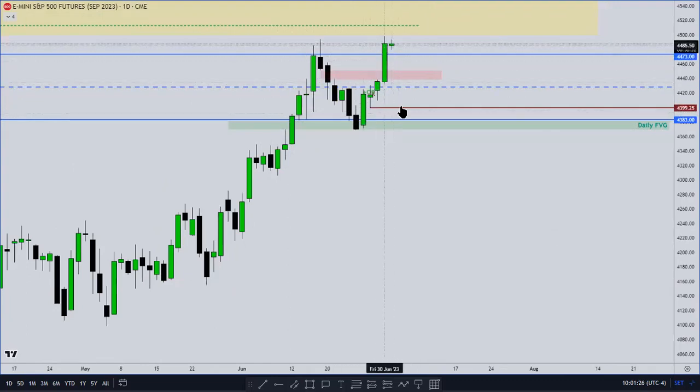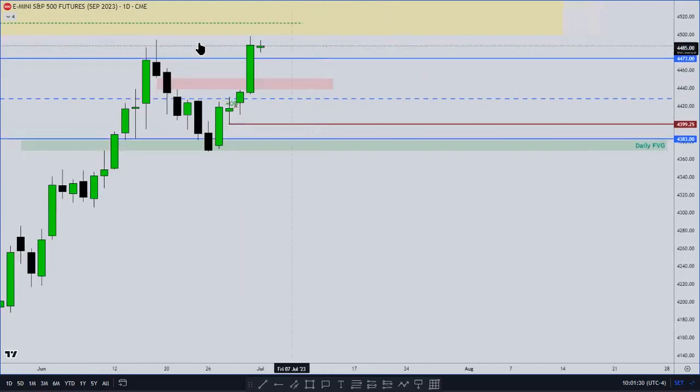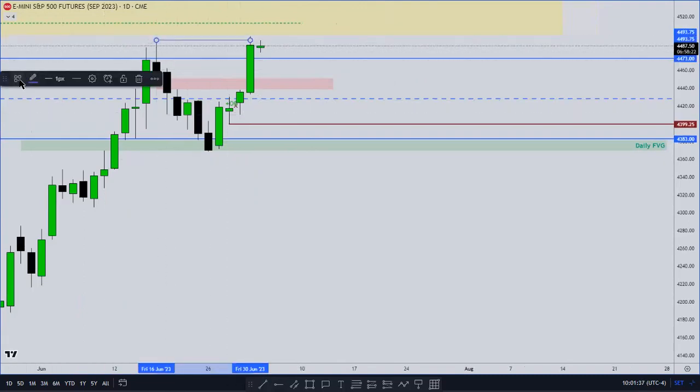It's a Monday. We have taken out buy side above this high last week, and we had a big candle.